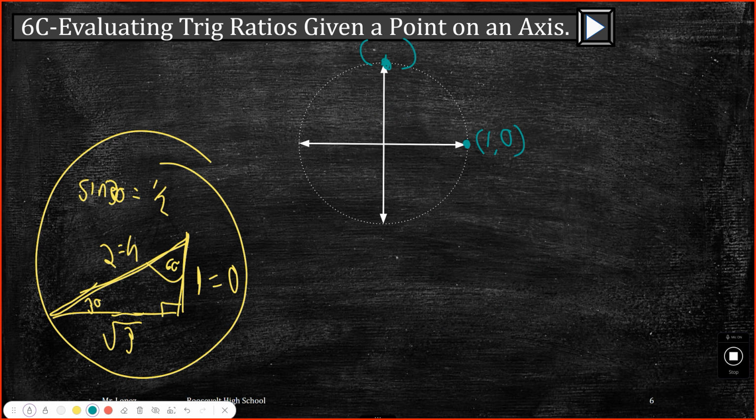The x value is 0, and then what's the y value? What is the x value of this point? -1, and this y value is what? And this point on the unit circle, x is 0, and this y is -1.